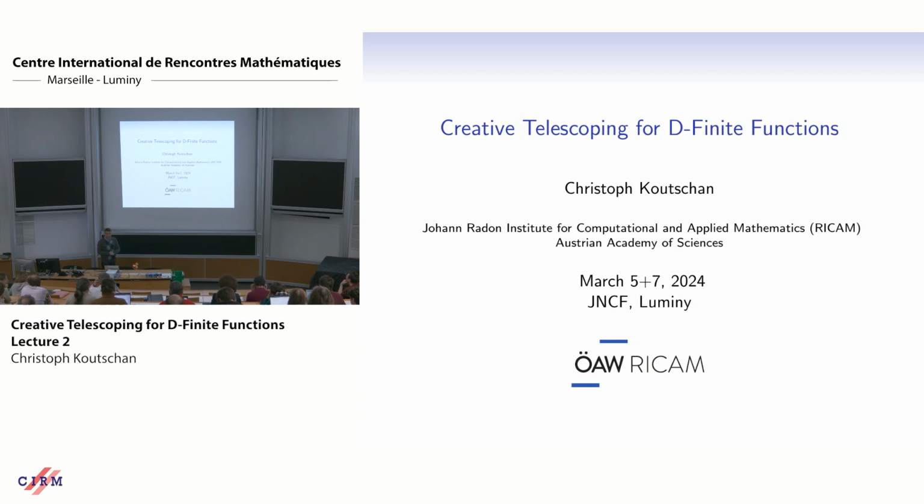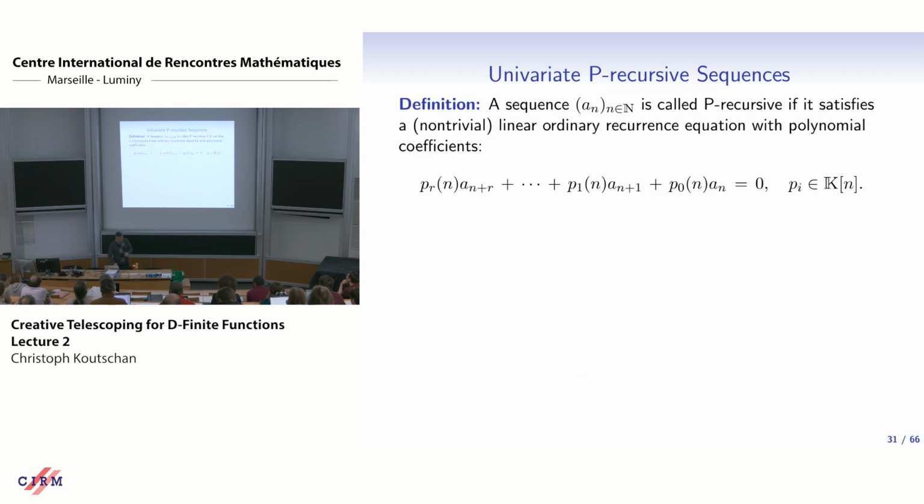Let me just continue where we stopped yesterday. Yesterday I introduced univariate D-finite functions, and it's very analogous if you look at the shift case. So when we talk about sequences, I just go quickly through this also as a reminder of what I told you yesterday. Everything is very parallel to the D-finite case.